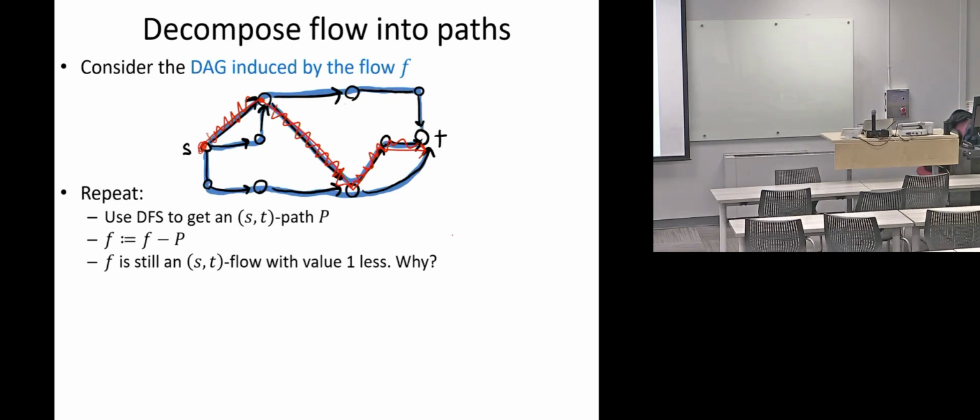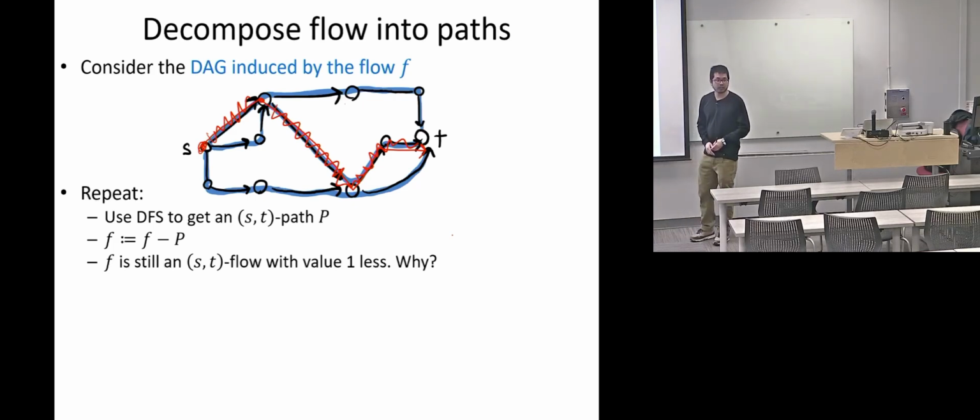But flow conservation is also preserved, because look at this node, for example. It used to have 2 units of inflow and 2 units of outflow. But after removing a path, the in and out degree are decreased by the same amount. So for every node, you still have flow conservation. So after deleting, it's just another ST flow with value decreased by 1.